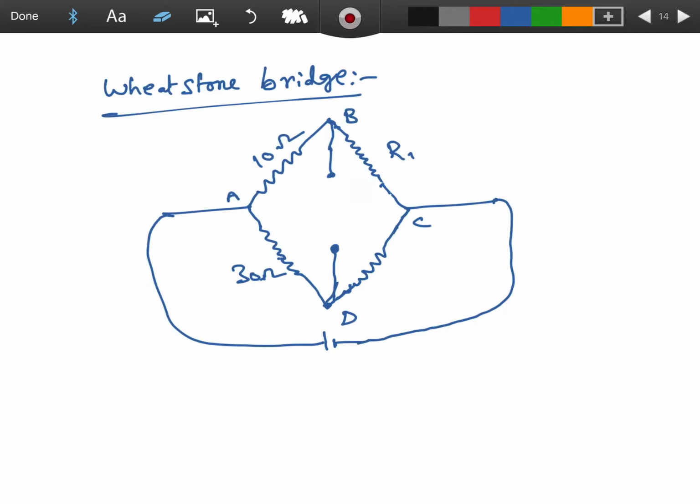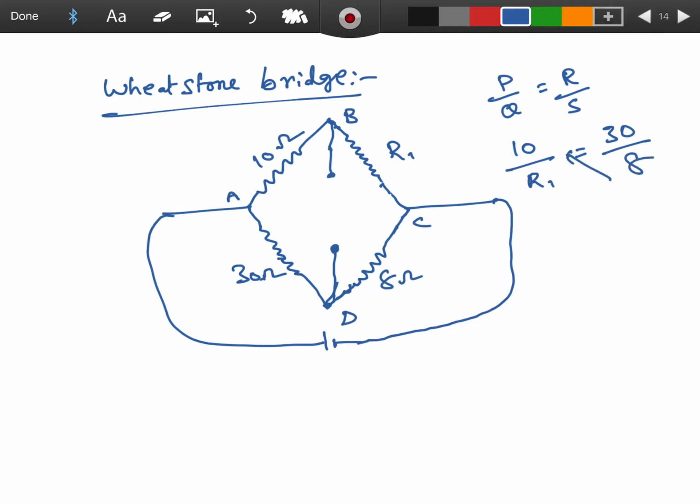Why? Because they are telling this is the balanced bridge condition. P by Q equal to R by S. P is 10, Q is R1, 30 by 8. Cross multiply 10 into 8, 80 by R1 equal to 30. Somewhere I made a mistake.